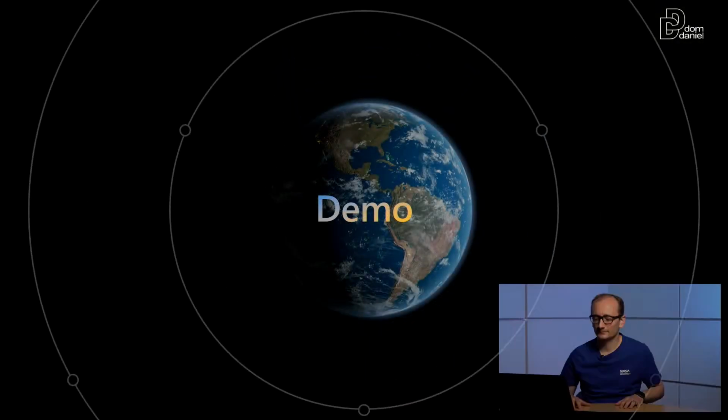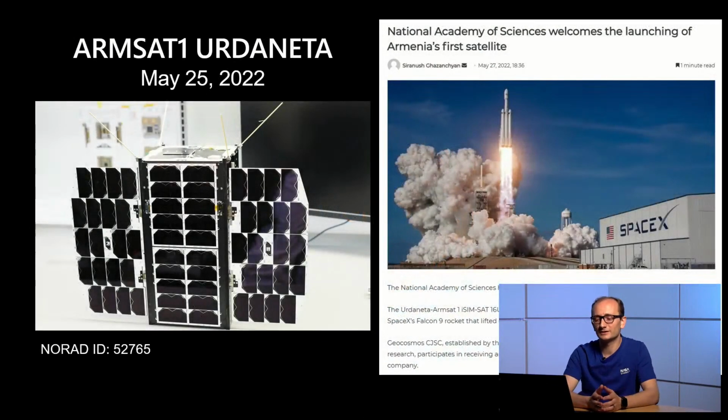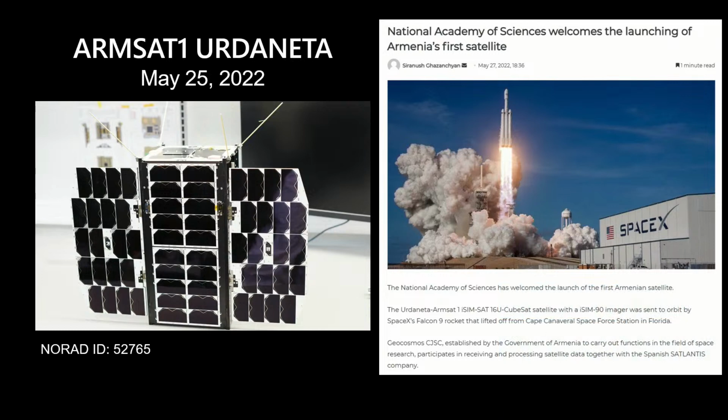Now let's move to the demo part. Today's demo is dedicated to the first Armenian satellite, Armsat-1, which has been around 365 days in Earth orbit, launched with Spanish and SpaceX.